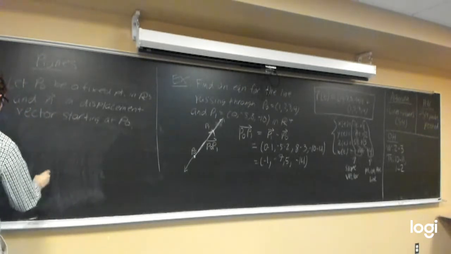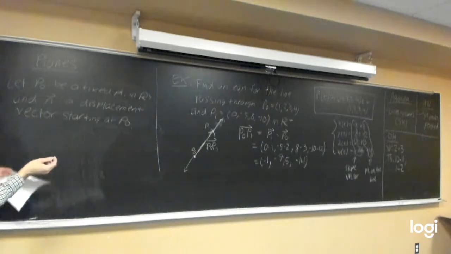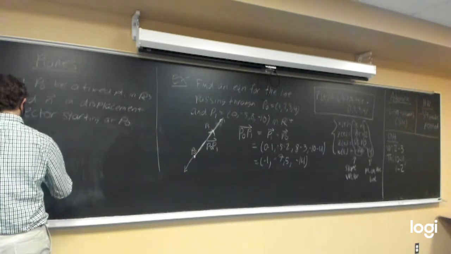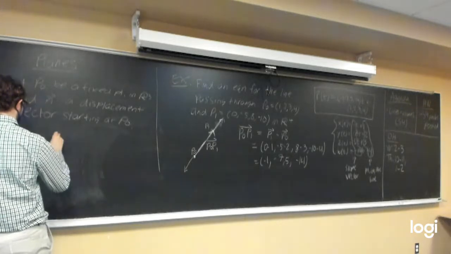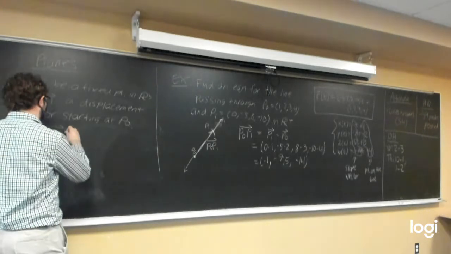So in other words, when we're defining a plane, we're always going to want to start with some base point, call it P naught, and N is going to be a vector that's sticking out of P naught. N, by the way, is going to stand for the normal vector.